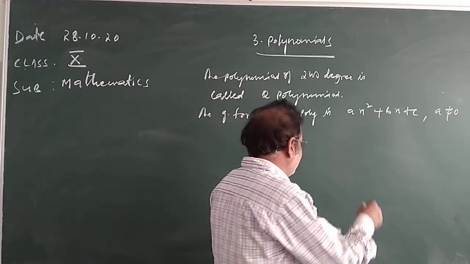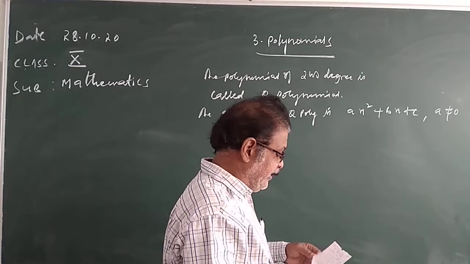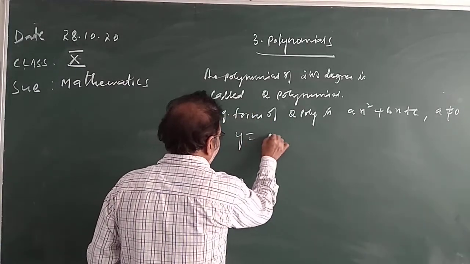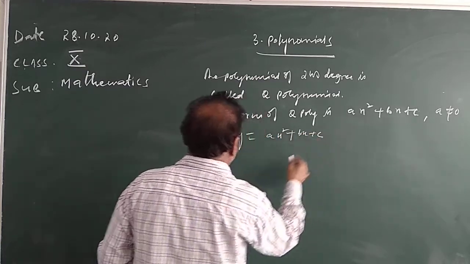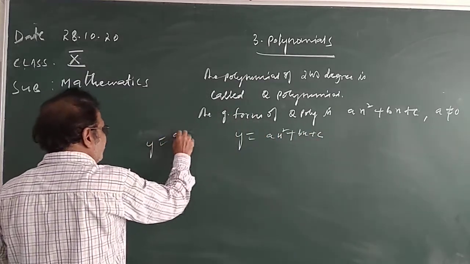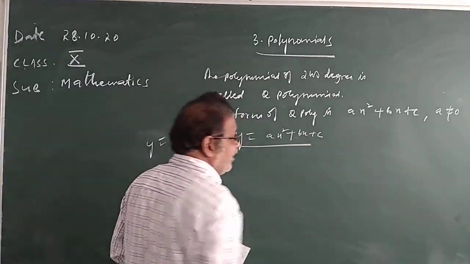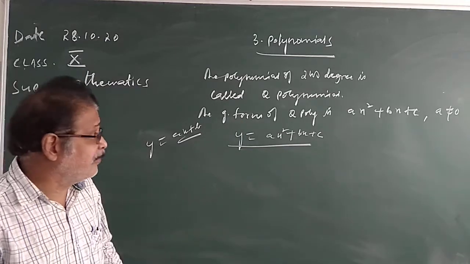The graph of the corresponding equation is y is equal to ax square plus bx plus c. In the case of linear, y is equal to ax plus b. In case of quadratic, y is equal to ax square plus bx plus c. Like this, we draw the graph.